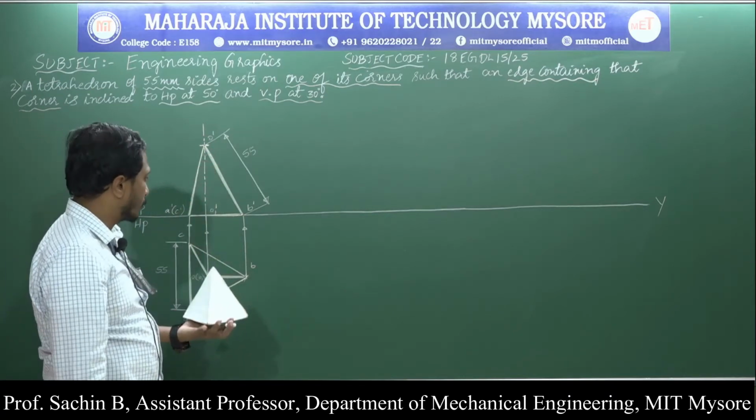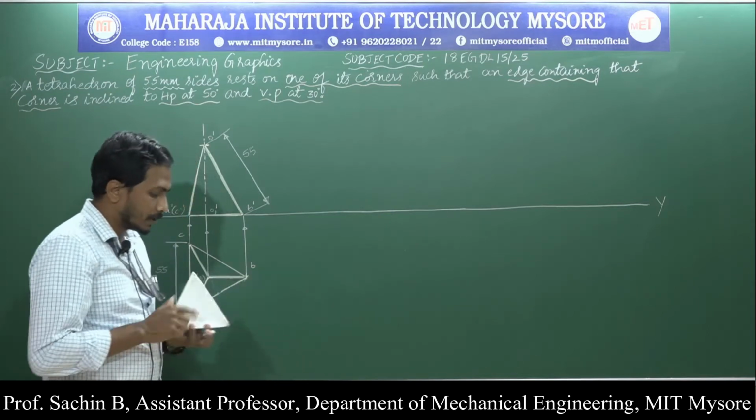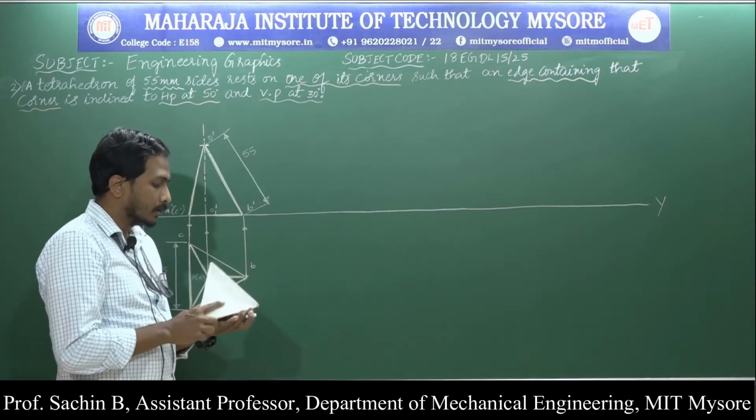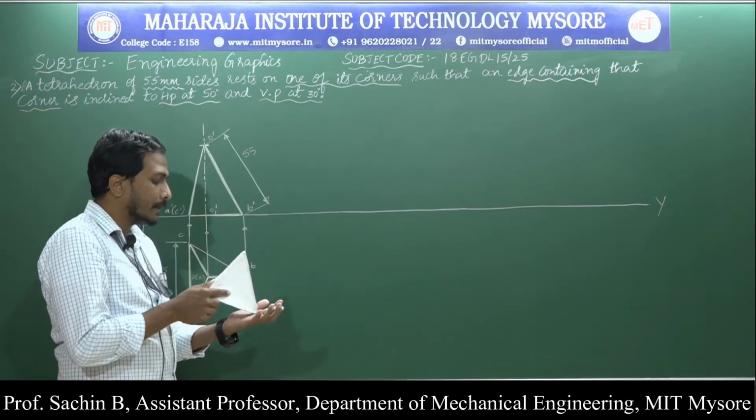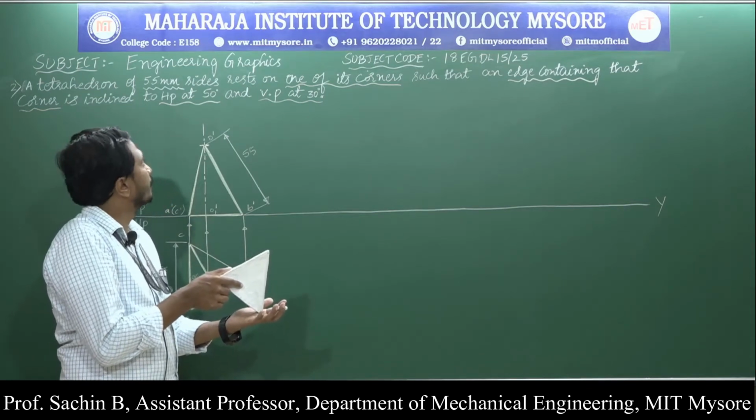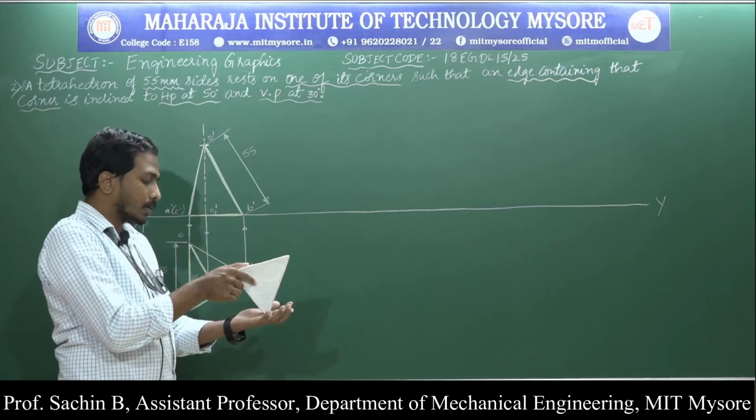Now I will go for the second position. This is the corner that I am going to call the B point. This corner should be inclined at an angle of 50 degrees to the horizontal plane.